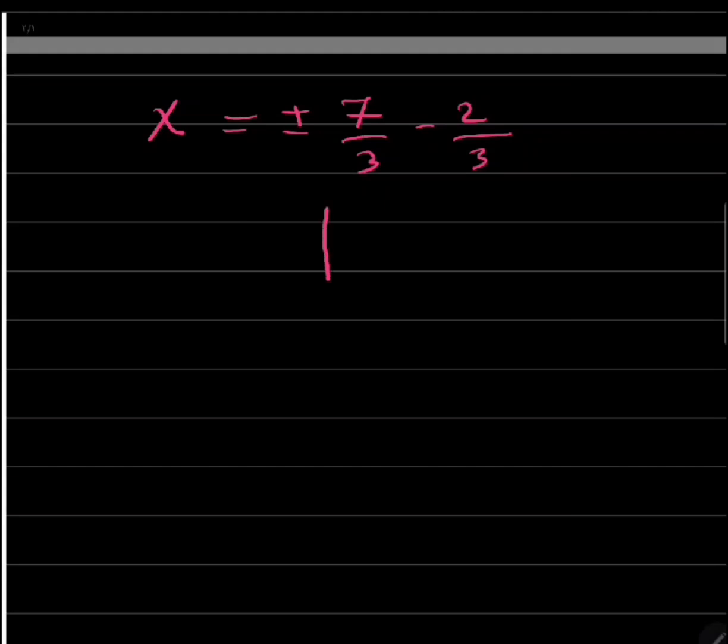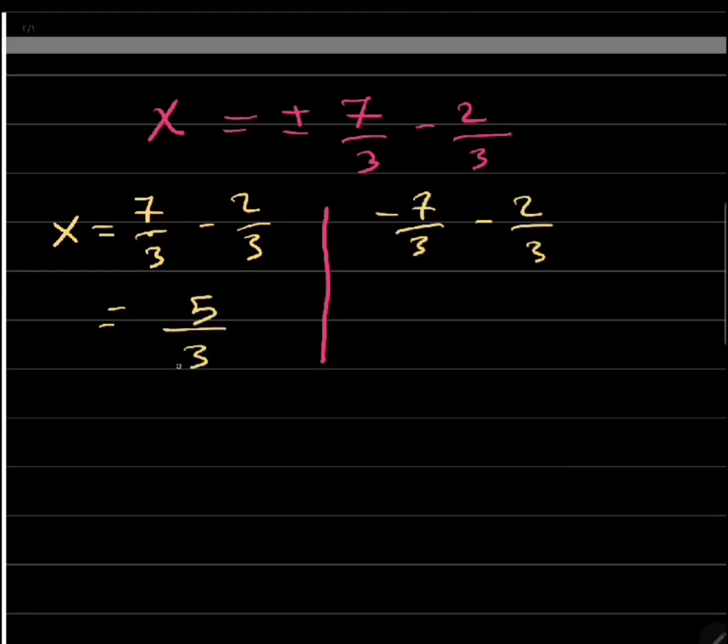So this simply becomes positive 7 over 3 minus 2 over 3, and on this side it's going to be negative 7 over 3 minus 2 over 3. Since we have the common denominator 3, I'm going to write down 3, and this becomes positive 7 minus 2, which makes 5 over 3.